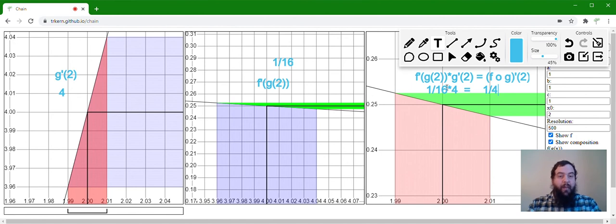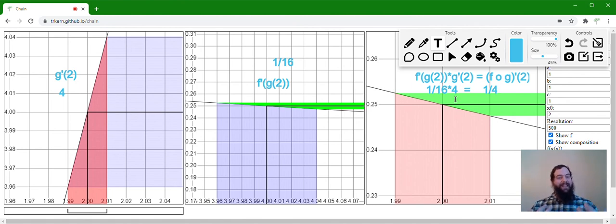And this doesn't just work at 2, this works at any value. Right? So you can replace this 2 by x, because we can change up this 2 for whatever number we want, and we get that f of g prime of x is equal to f prime of g of x times g prime of x.